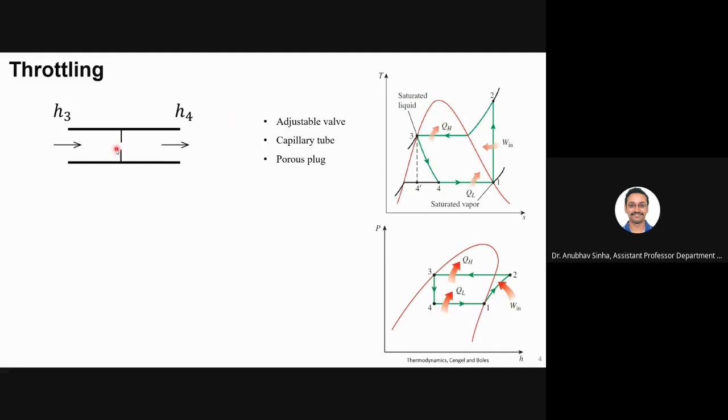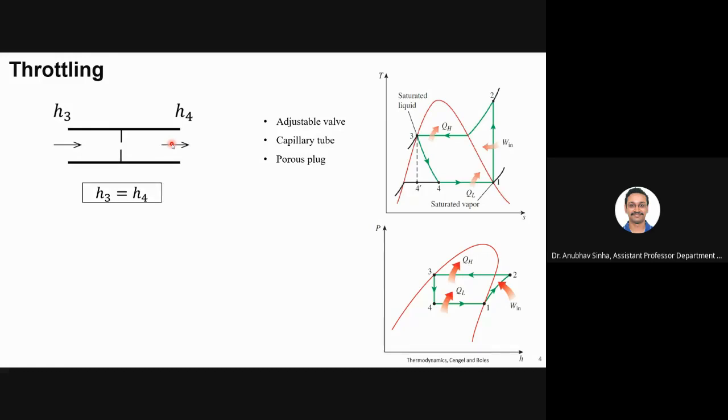What happens in throttling is that you have a fluid flow and you restrict the passage. So the area suddenly drops and then it can expand again. Basically you have a constricted zone. Constricted means that you reduce the area and force the fluid to pass through it.